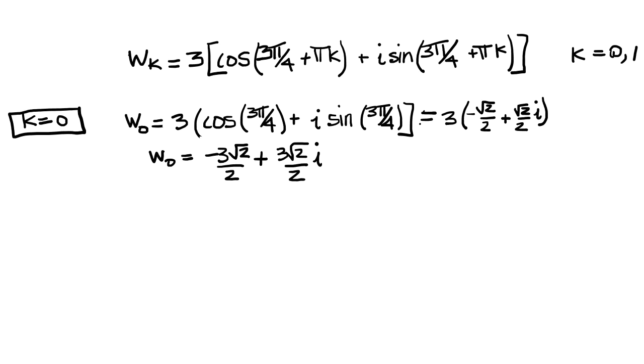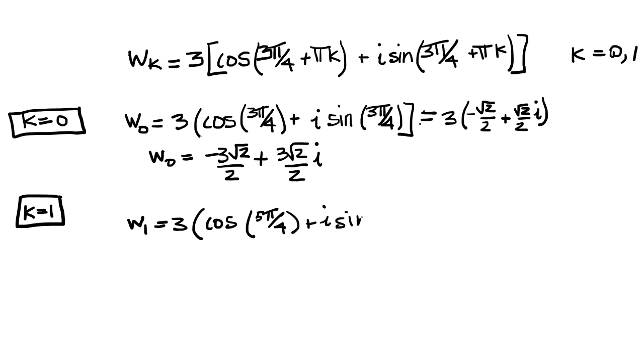So that's my first square root. For my second square root, I'm going to have to find where k is equal to 1. So w1 is 3 times the cosine of 3 pi over 4 plus pi, which gives me 5/4 pi, plus i sine 5/4 pi, and I know that 5/4 pi is in quadrant 3.